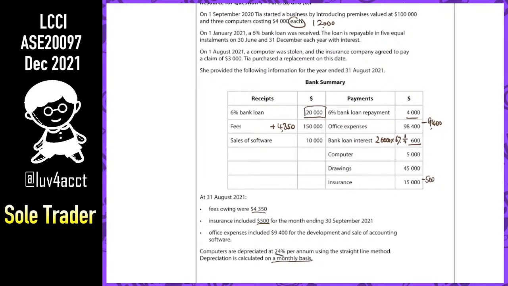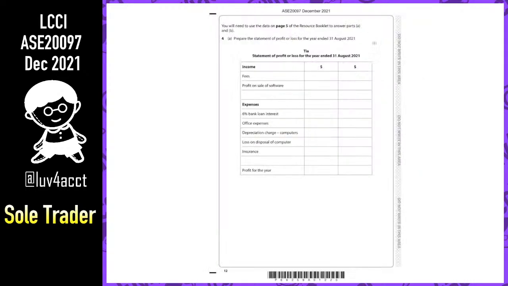Okay, so we have read the whole thing. Now we have to put I know why they have to give the format. Okay, because this part you have to be careful with all the items. Statement of profit and loss. Fees.